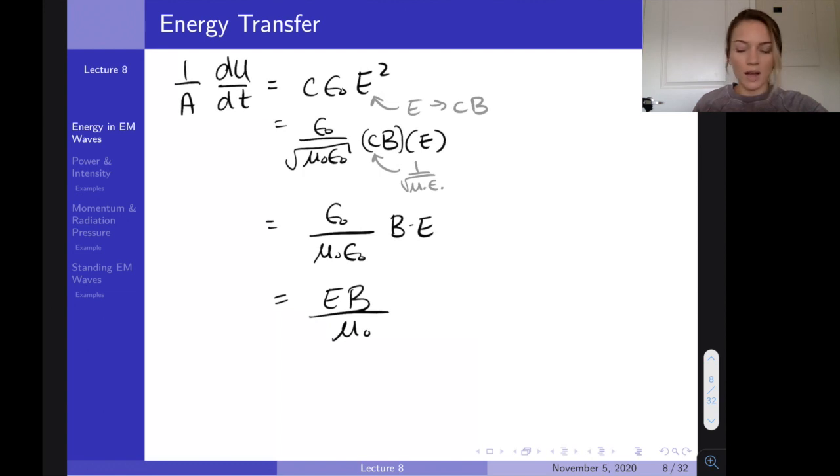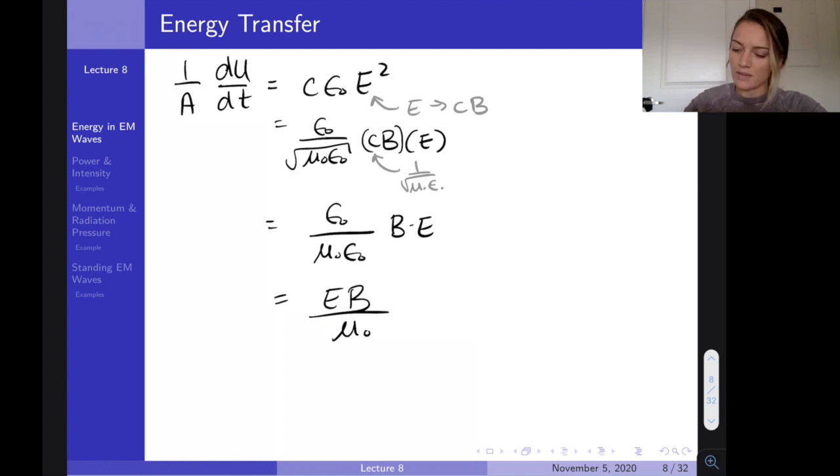Now this actually corresponds to a vector. Since we didn't derive it using vectors, it's not obvious that this quantity actually does correspond to a vector. But you can derive it, like I said, if you use the differential form of Maxwell's equations and do it with vector calculus. But obviously we didn't do it that way, so it's not clear to us that this is a vector.